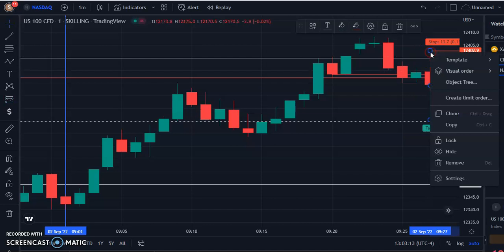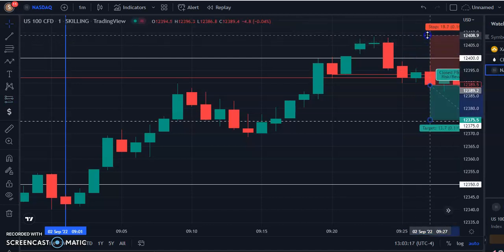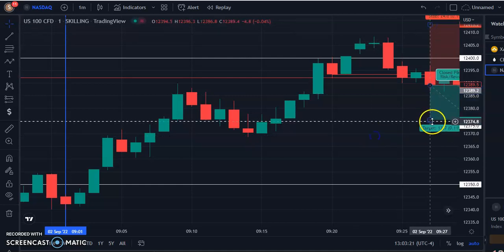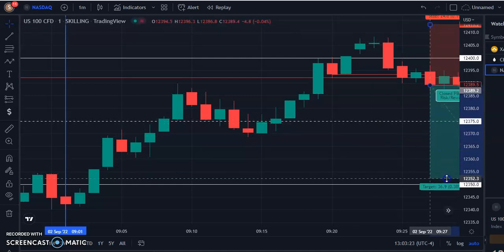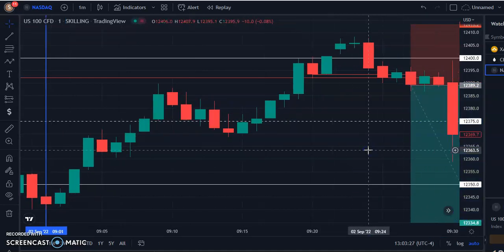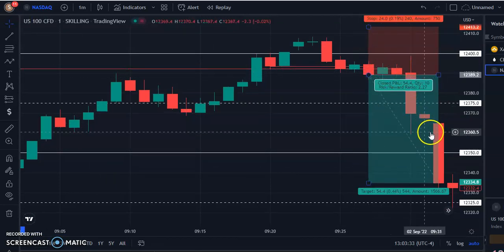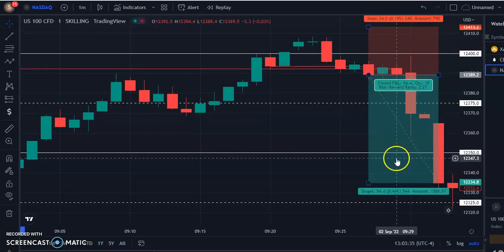My stop 25 pips. My target 50 pips. And I was done and dusted in 3 minutes. I was in and out.